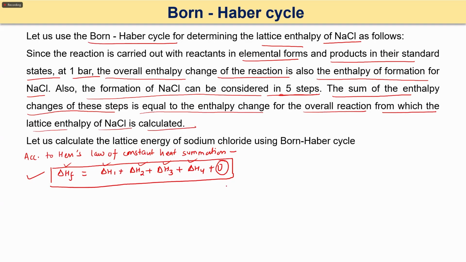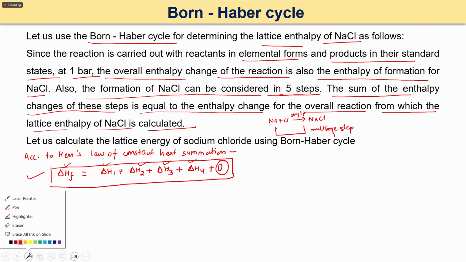So this is basically what it says, that whether you form sodium chloride in a single step or in multiple steps, you can easily calculate the lattice enthalpy of your sodium chloride. Let us see how we can calculate. Okay. So I will erase these things.